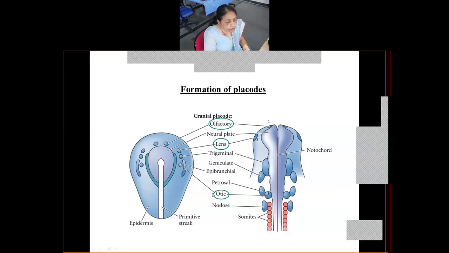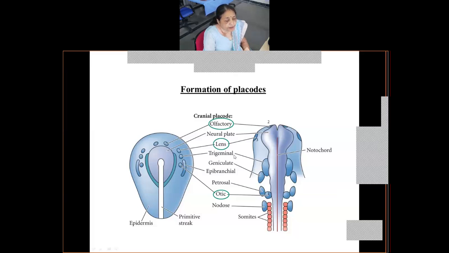The first one is the otic placode, then the olfactory placode, then the optic placode, from which the cornea is developed. From the otic placode, the ears will develop, and from the olfactory placode, the nose will develop. So here is the olfactory placode, here is the otic placode, here is the lens placode. There are many other placodes also present.